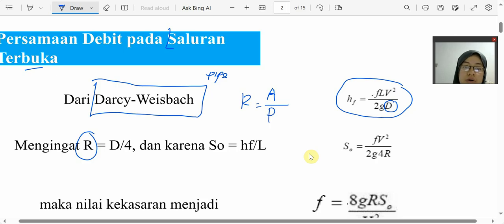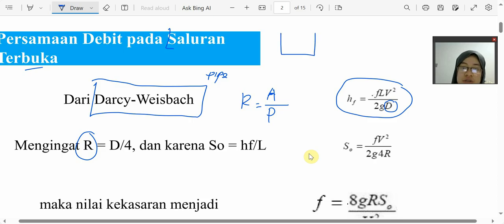If you want to calculate the hydraulic radius, we need the wet surface from the cross section of the open channel over the perimeter of the wet part of the open channel.